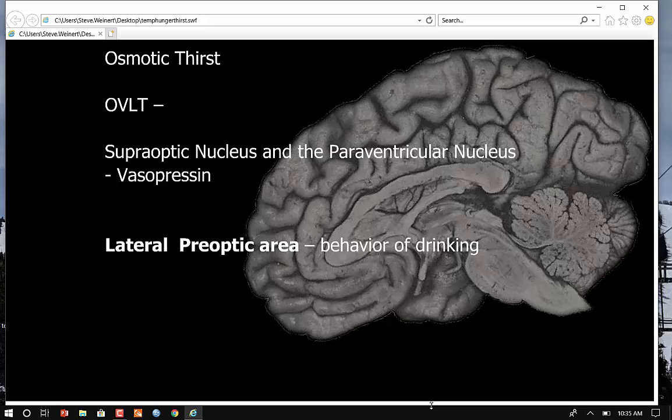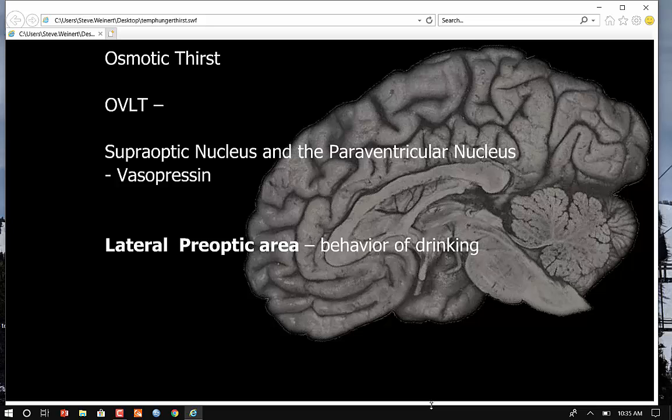Okay, so the organum vasculosum of the lamina terminalis, OVLT, that part of the brain registers salt. Super easy to understand. When salt is flowing into it, it tells the suprachiasmatic nucleus and the paraventricular nucleus to increase blood pressure.